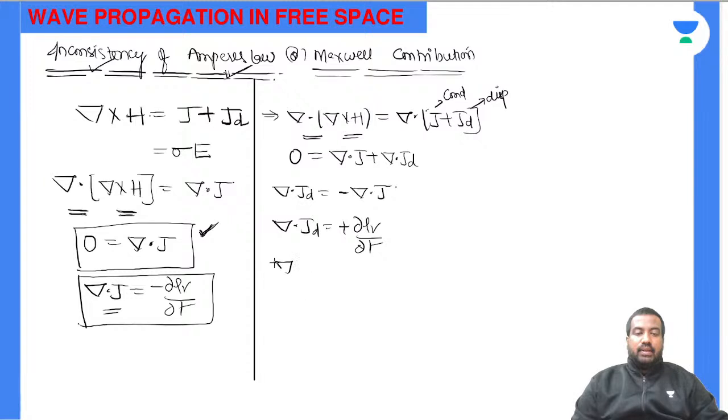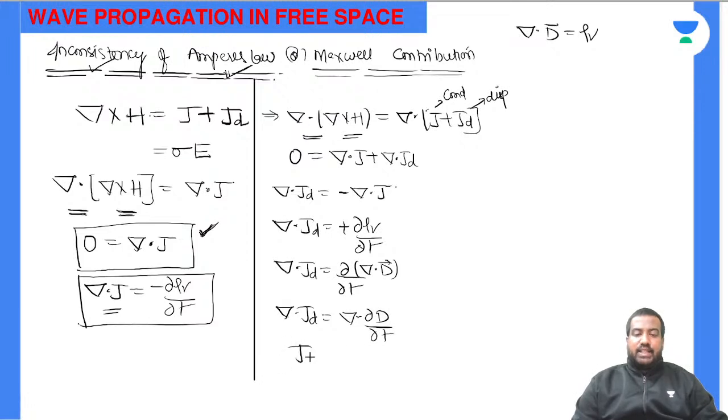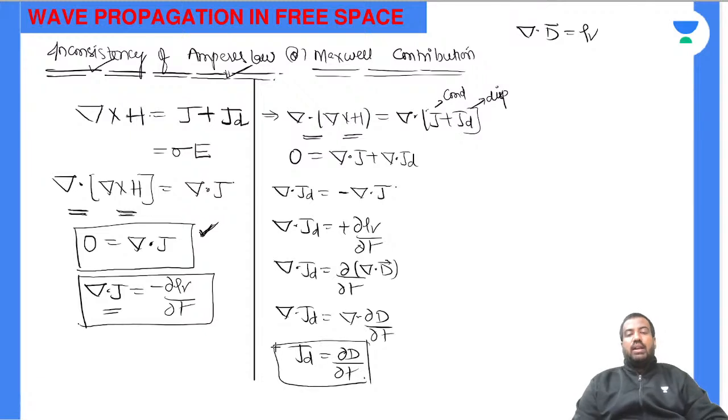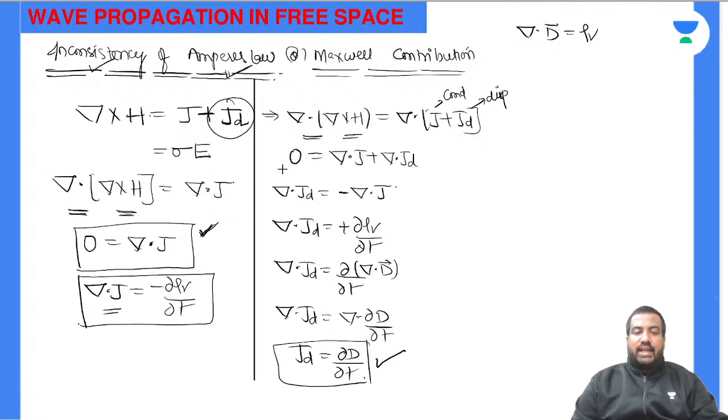This implies del dot JD is dou by dou t of, from Gauss law, del dot D is equal to rho v, of del dot D. So del dot JD is del dot dou D by dou t. This implies JD, displacement current density, is dou D by dou t. That means if I add JD equal to dou D by dou t, it will satisfy vector identity and it will satisfy continuity equation, both.